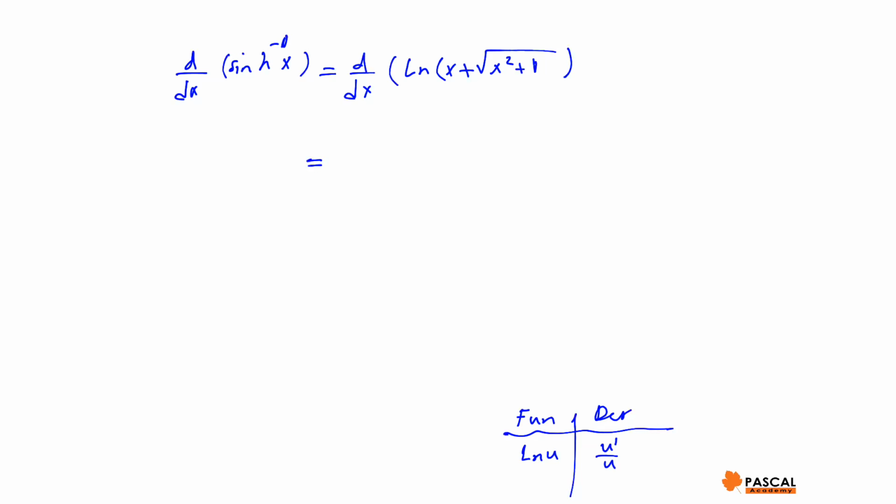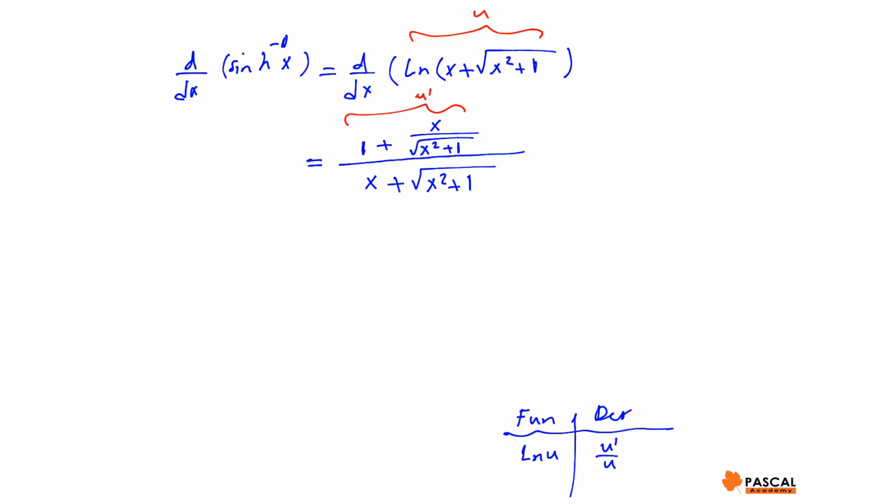Therefore, this derivative is derivative of x plus square root of x^2 plus 1, which is 1 plus x over square root of x^2 plus 1, over x plus square root of x^2 plus 1. This is u prime over u. By taking the common denominator on the numerator and simplifying this, we'll see the derivative of sinh inverse of x is 1 over square root of x^2 plus 1.